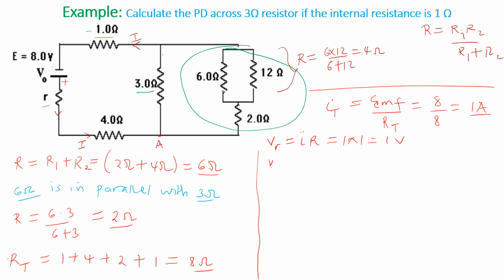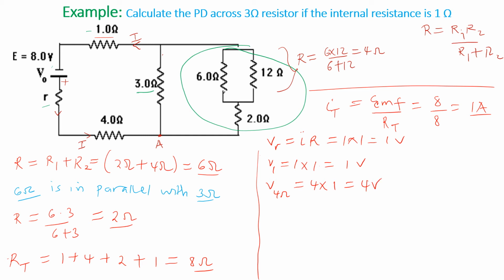The PD across the 1 ohm resistor is going to be I. Remember the current going through it is also 1 ampere. So that's 1 times the resistance, which is 1, that gives 1 volt. The PD across the 4 ohm is going to be the resistance, which is 4, times the current, which is 1, that is 4 volts.